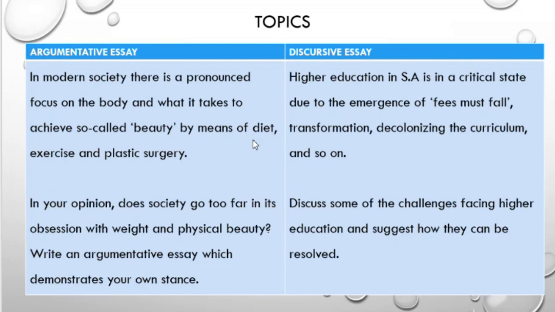When we look at yours, does it give us a picture of what to expect in the body of the essay, or does it lead the reader to say, I know what to expect in the body of the essay? Right, that is number two.